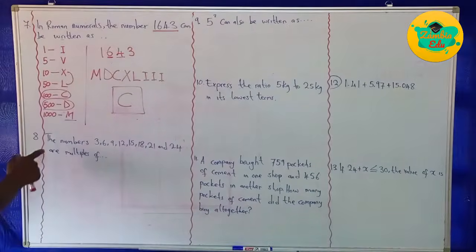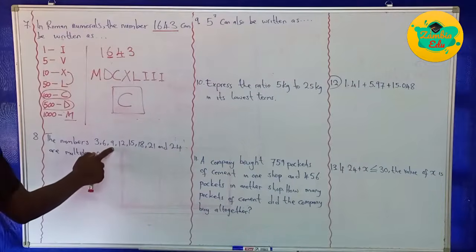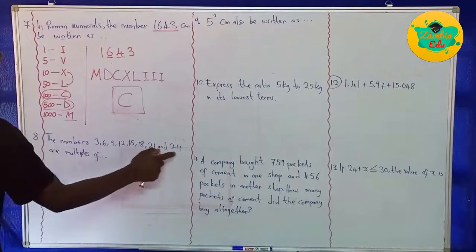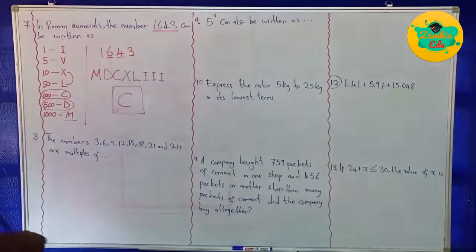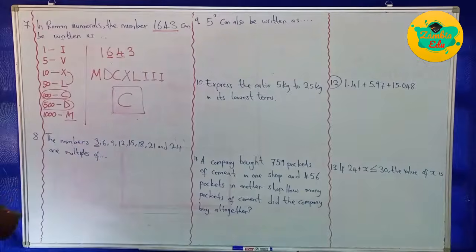Number 8 says the numbers 3, 6, 9, 12, 15, 18, 21, and 24 are multiples of... Okay, it has started with 3.